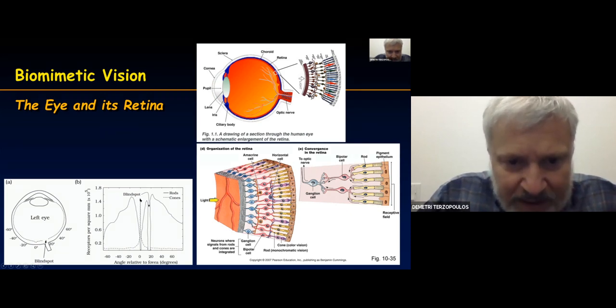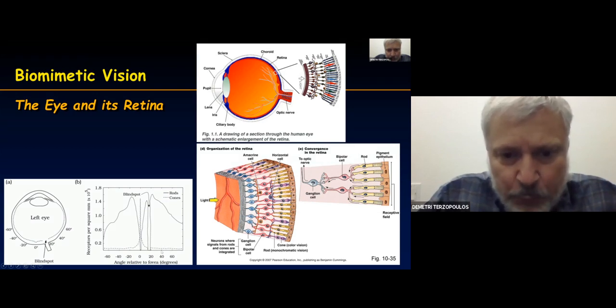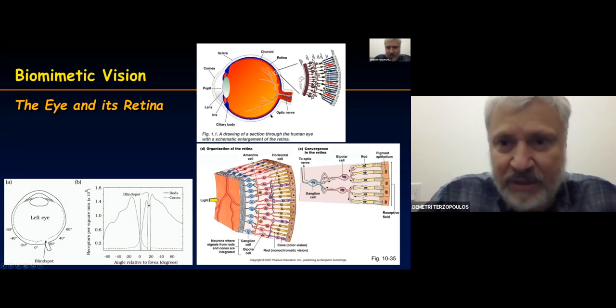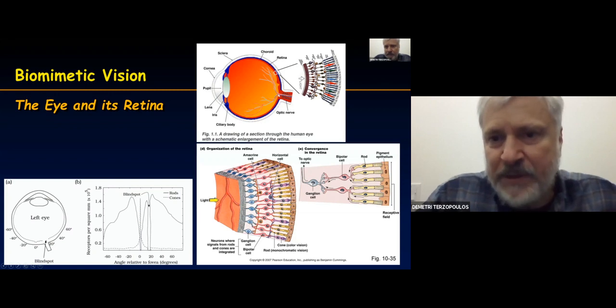So cones have high density at the fovea and quickly drop off in the peripheral vision. And the rods have 0 density in the fovea, but it increases rapidly and then decreases from there. And this is the blind spot over here where there are no rods or cones, which is right where the optic nerve comes through.